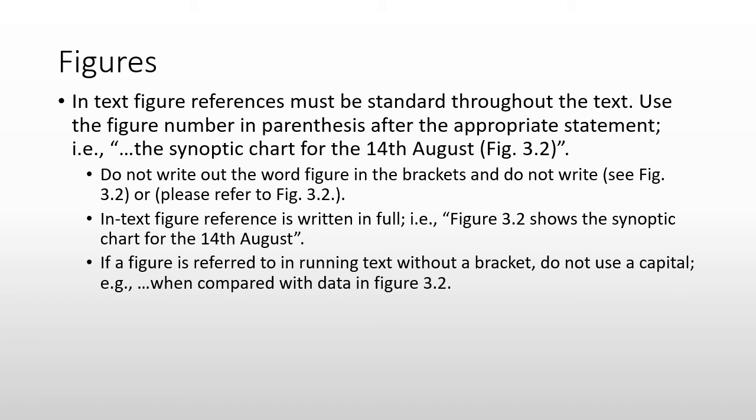When referring to figures in text, your format of referencing must be standard. So use the figure number in parenthesis after the appropriate statement. So say, for example, the synoptic chart for the 14th of August (Figure 3.2). Don't write out a large description of what to see in the figure. So just write in brackets, figure and then the number, or fig dot and then the number.